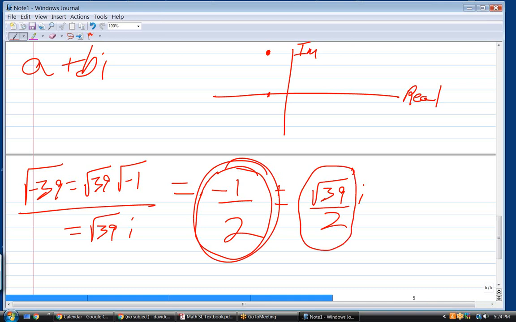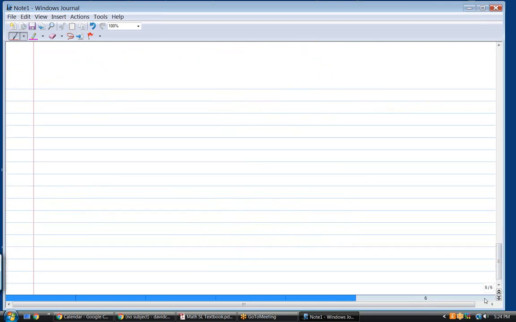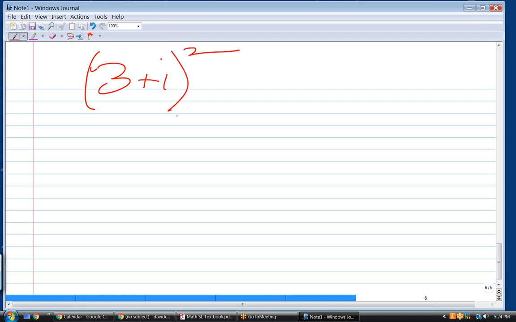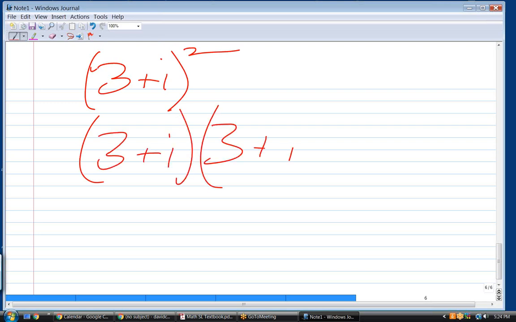I have another problem that I wanted to go over too. Sure, go ahead. Open parenthesis, 3 plus I, then closed and squared. So all that means is that, right? Uh-huh.